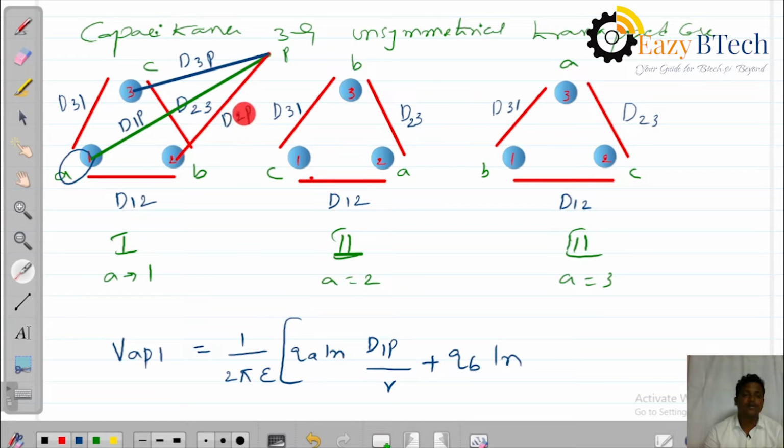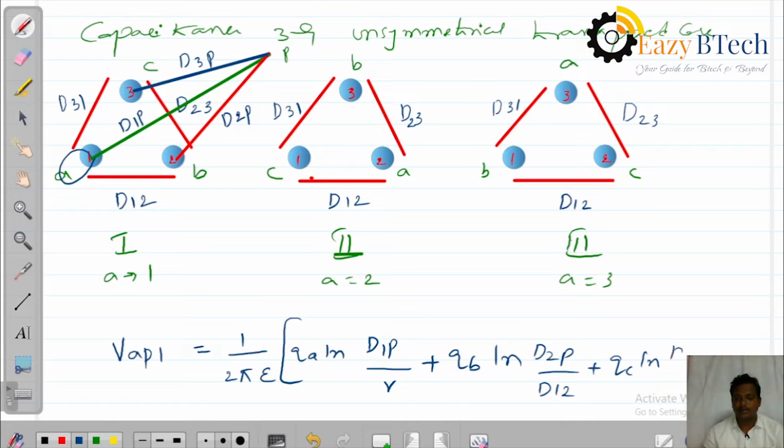The conductor B to P is D2P. Therefore, it is D2P divided by the distance from conductor B to A. The conductor B to A distance is D12. Therefore, it is D12 plus QC ln the distance from conductor C to P. The conductor C to P is D3P.